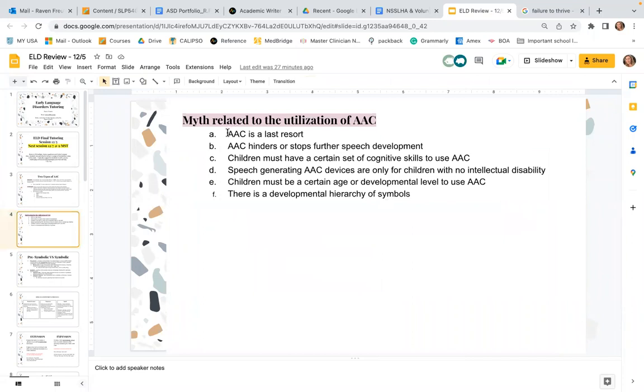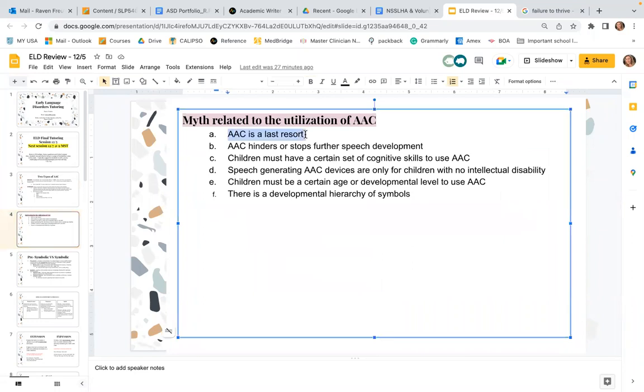So here are some myths related to AAC. Maybe you have a preschooler who is almost nonverbal, saying a word or two once a day, and you recommend they trial some different AAC options. And the parent says, no, I want my child to speak with their words and use language, AAC is going to hinder their speech development.